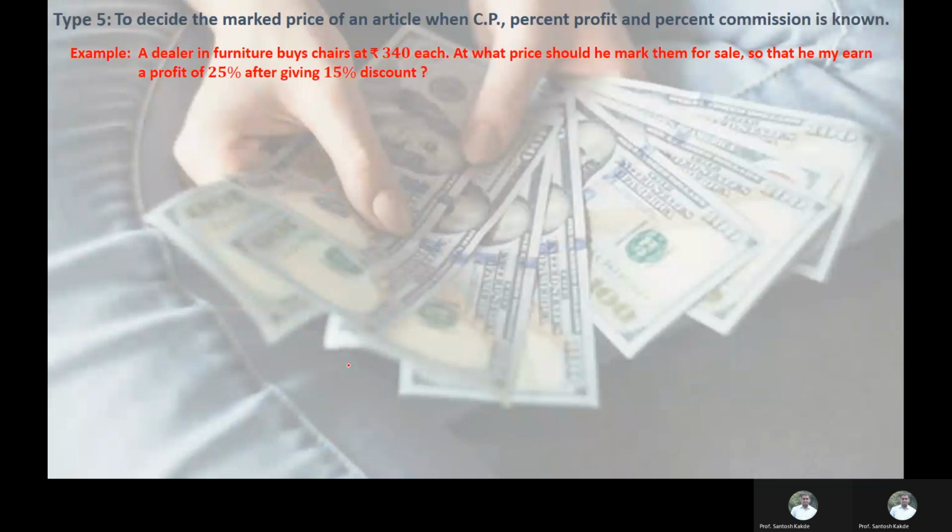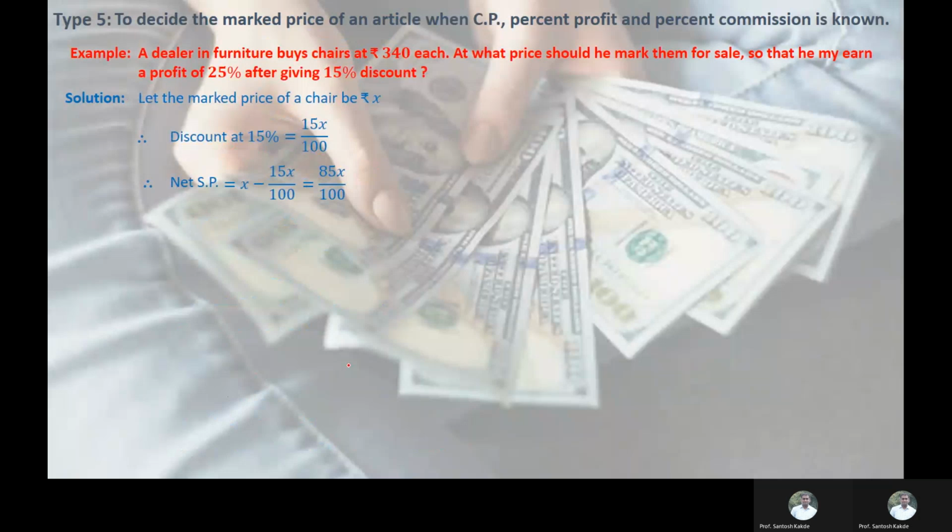But he also gives the 15% discount. So let us consider the mark price of the chair is X. So discount at 15% is 15x upon 100. Net selling price is X minus 15x upon 100. So 85x upon 100 is the net selling price of that article. Now you have to calculate X also.